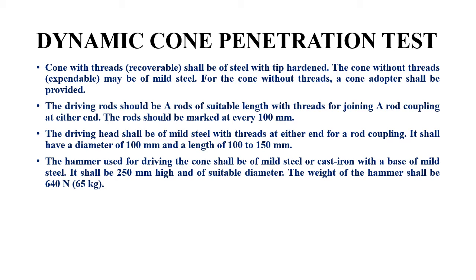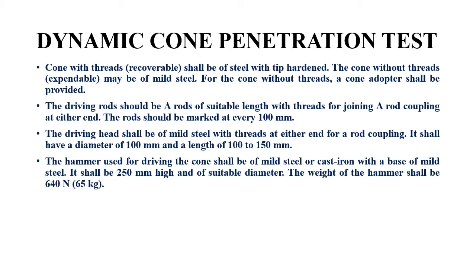And if you remember, actually in standard penetration test also, in order to understand the depth covered by the penetrometer during the penetration, the graduations were marked on the driving rod itself. That is, each 15 centimeter was marked on the driving rod itself.